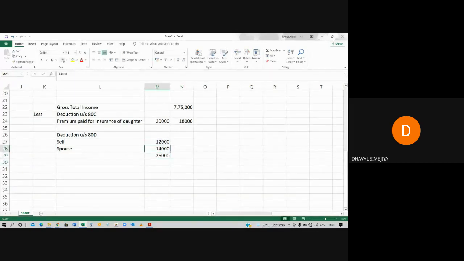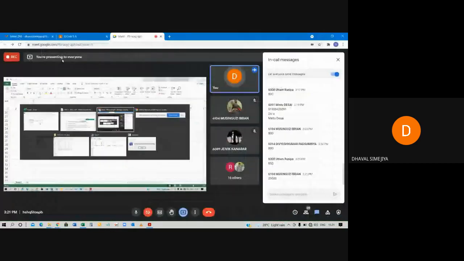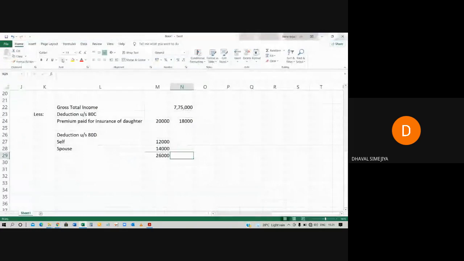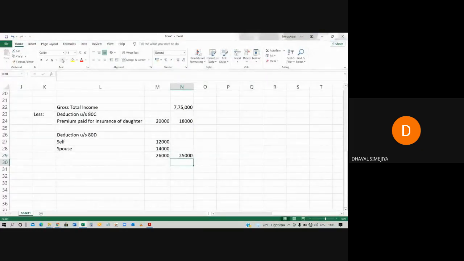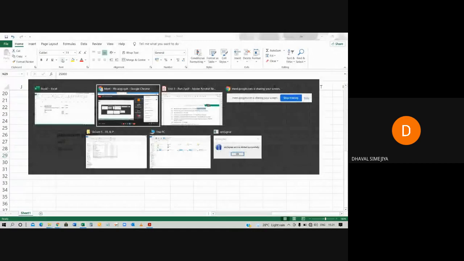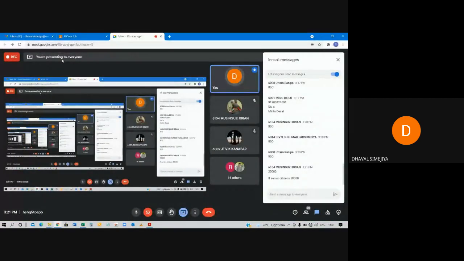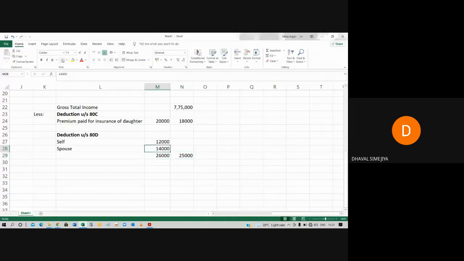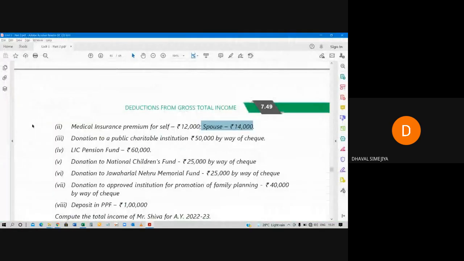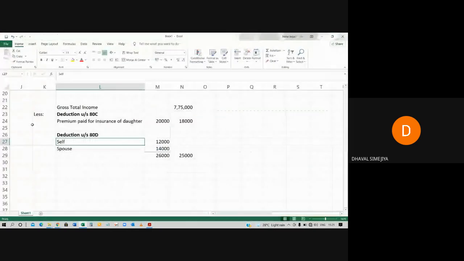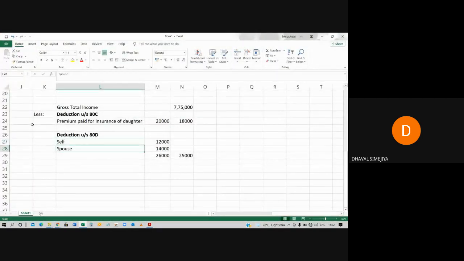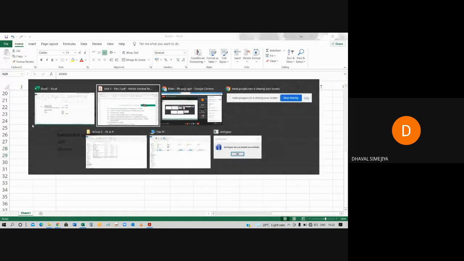Out of 26,000, what is available? Exactly, Brian, 25,000 rupees. If it is a senior citizen, then 50,000 is available for self or spouse. But neither Mr. Shiva nor his spouse is a senior citizen, so 25,000 is the limit.